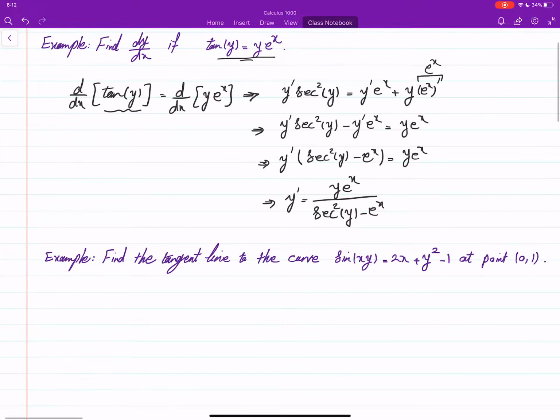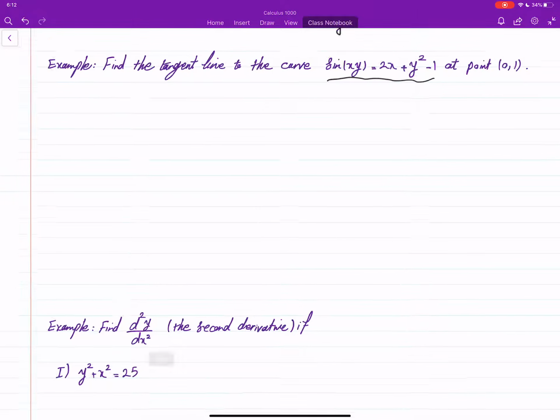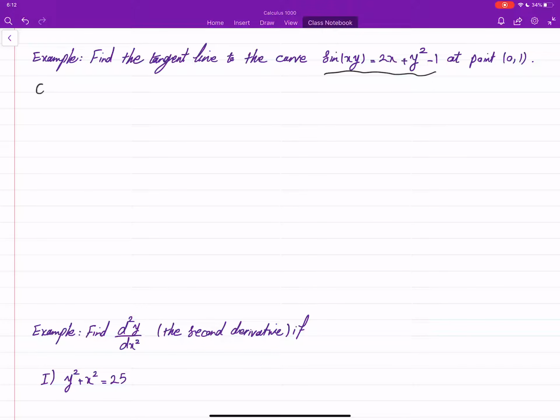Okay, the second example says find the tangent line to the curve given by this equation at the point (0, 1). First thing to check is that (0, 1) is on the curve.